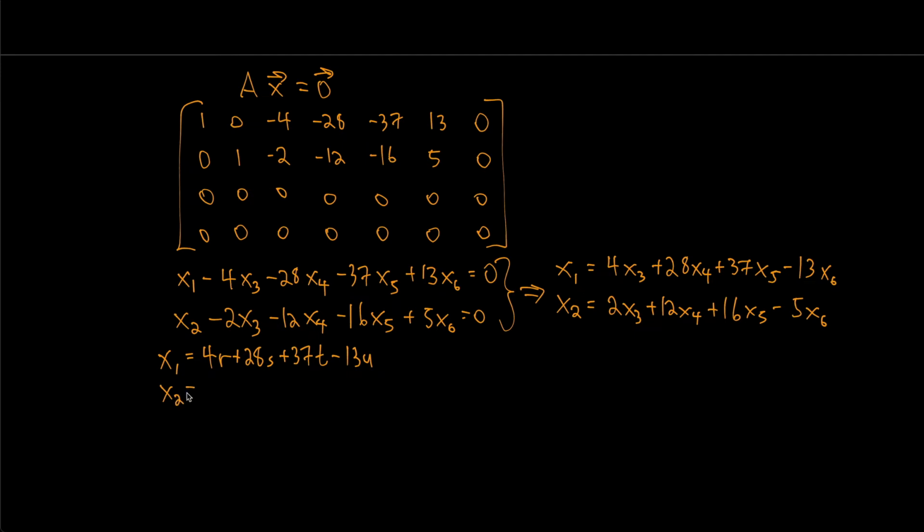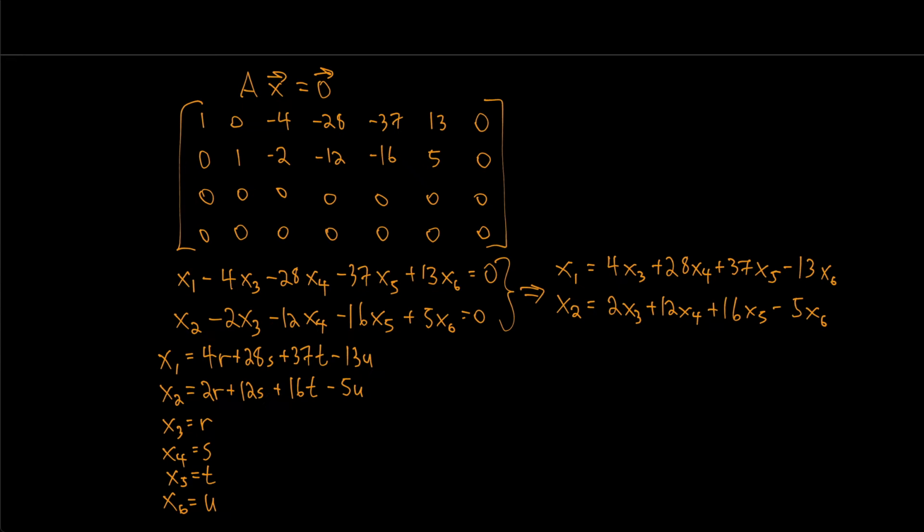I'll get that x2 is 2r plus 12s plus 16t minus 5u. x3 is just r, x4 is s, x5 is t, and x6 is u, my free variables.